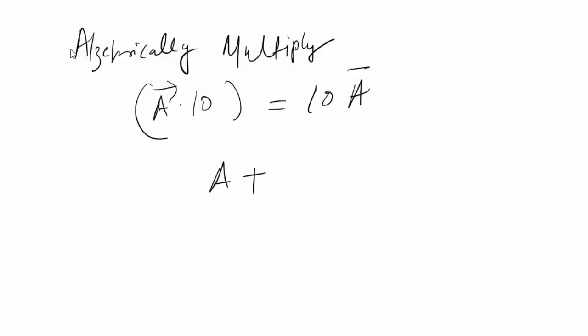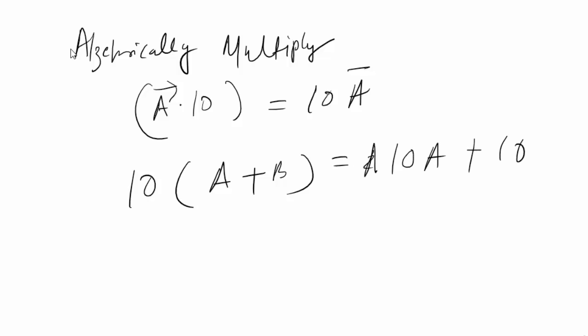So if I'm having a vector A, and if I'm multiplying it by a magnitude of 10, then this will become 10A. Or if I'm having A plus B, and if I'm multiplying both by 10, then it will become 10A plus 10B.